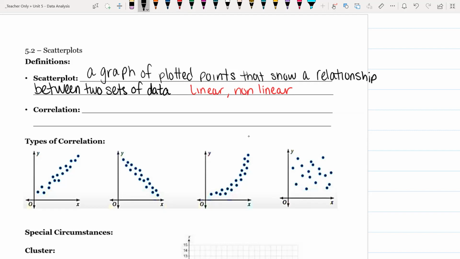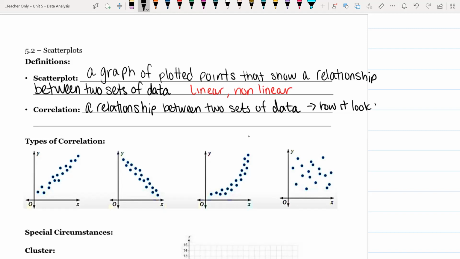So a correlation is a relationship between two sets of data. And it's really how it looks that you're going to go off of. So if it's graphed, you're really going to go off of how it looks.